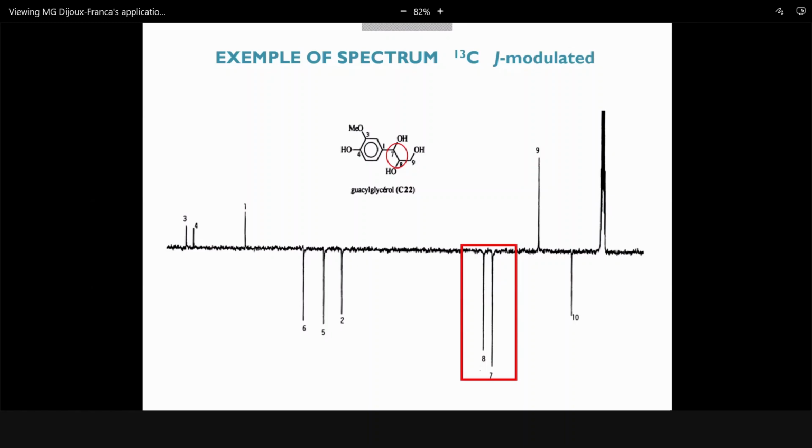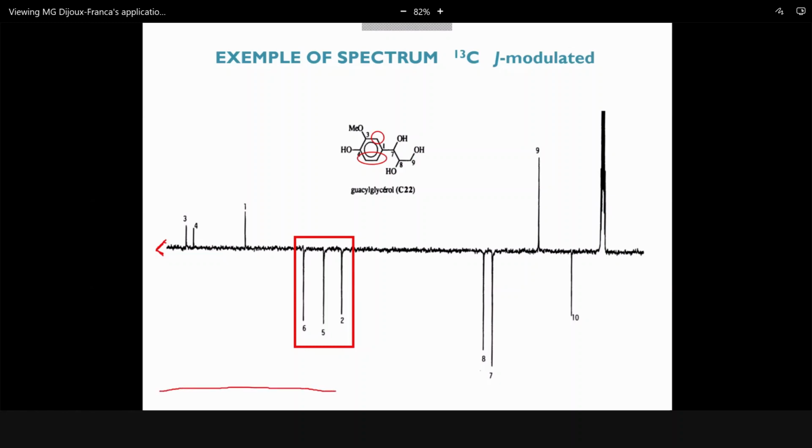The carbon 7 and 8 are CH because they are on the opposite side. Remember, the scale is going this way. Then we have the CH, but I didn't keep the scale. Yeah, the scale should be there.